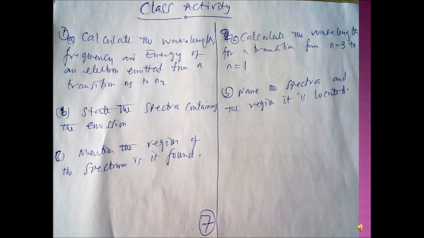B, state the spectra containing the emission. C, mention the region of the spectrum where it is found. The second one is to calculate the wavelength of transition from n equals 3 to n equals 1, and then name the spectral series and the region it is located.